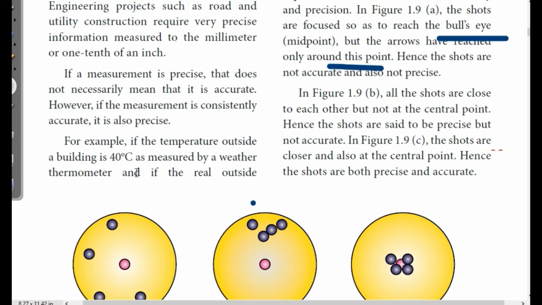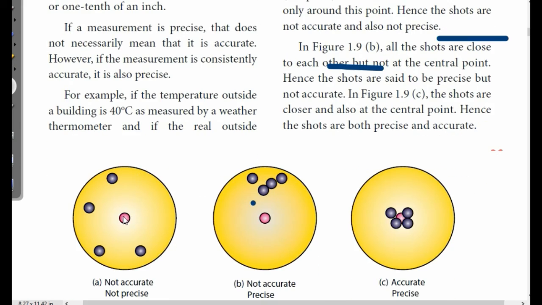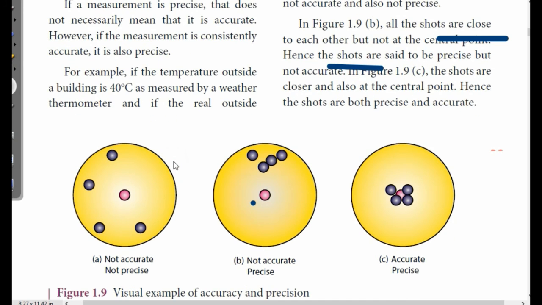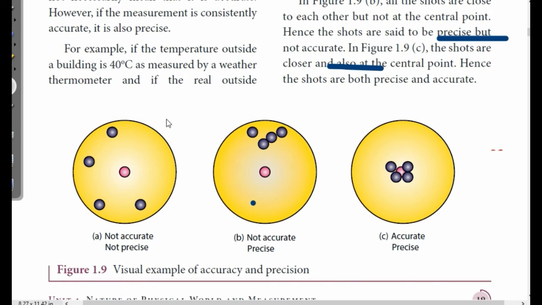Suppose you consider this as a shooting spot where we have to shoot at this bullseye, the red portion, with a gun. This is the target, and these are the various locations where he hits the target the first time, second time, third time, and fourth time.